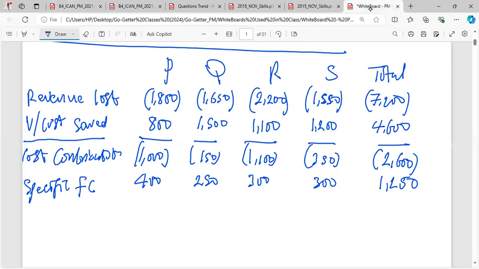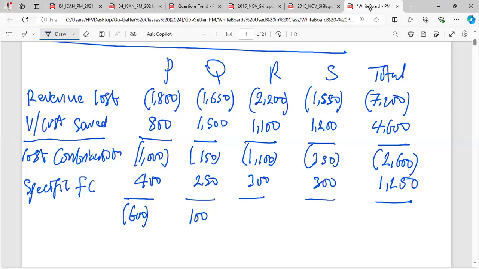Let's see what will happen here. 400 minus 1000 will give us 600. 250 positive minus 150 will give us 100.